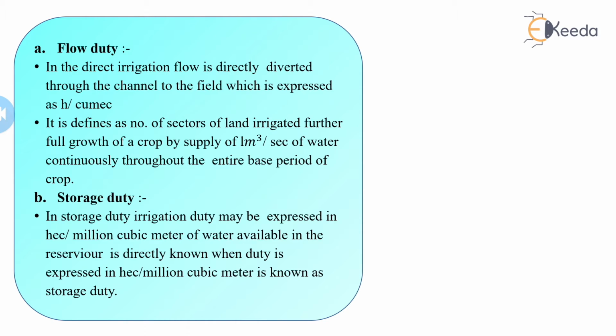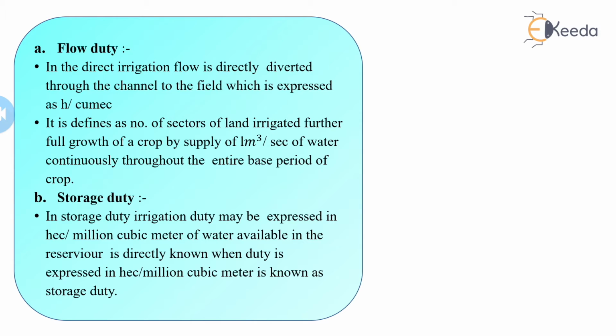So we will be judging or expecting the duty of water in the following four ways. The first one is by the number of hectares that 1 cubic meter of water can irrigate during the base period, that is 17 hectares per cubic meter. Second, by the total depth of water, how much depth of water is required for the particular crop.